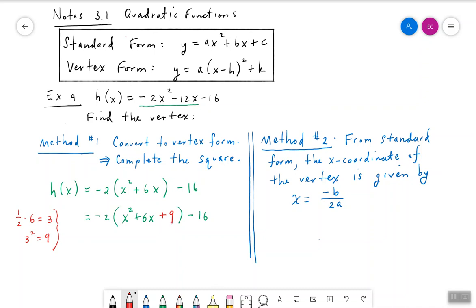And so then in order to balance that out, we need a plus 18 at the end of the equation. That's a little tricky there. So we really have to be mindful that the 9 is inside the parentheses, and the negative 2 out in front is being multiplied by that 9.